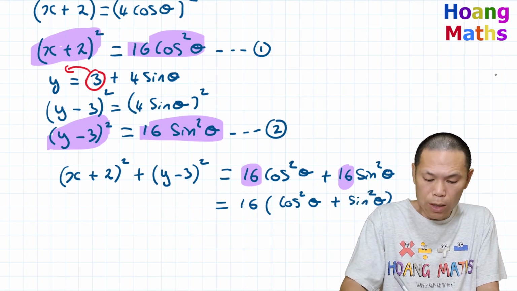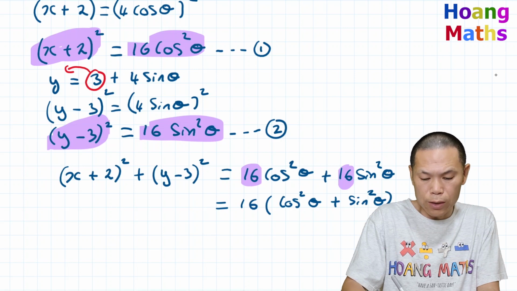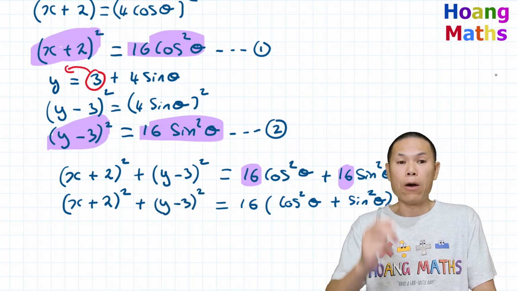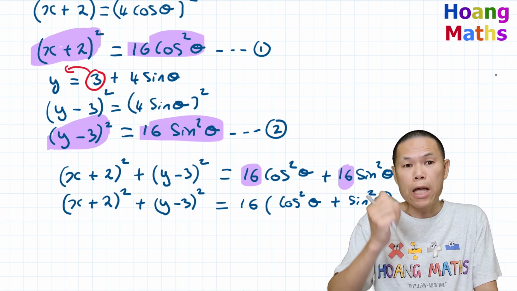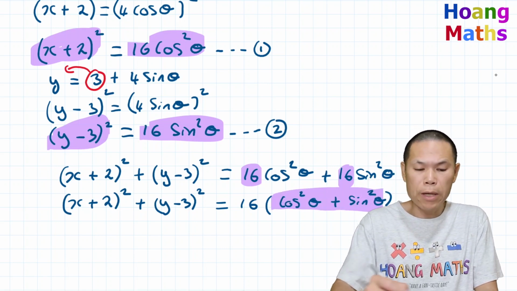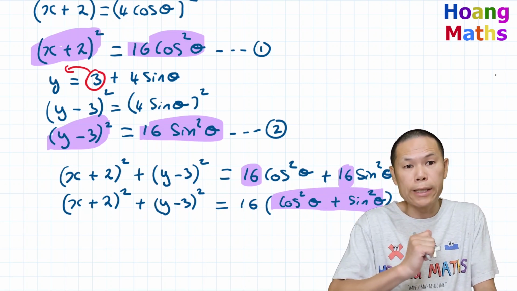On this side, let me rewrite this first: x plus 2 all squared, we add y minus 3 all squared. Now remember, cos squared theta plus sine squared theta is equal to 1, so 16 times 1 is 16.